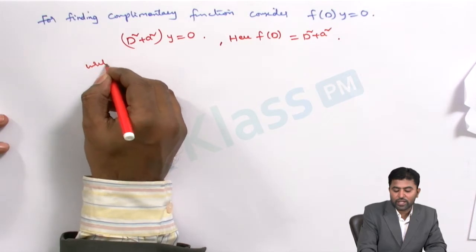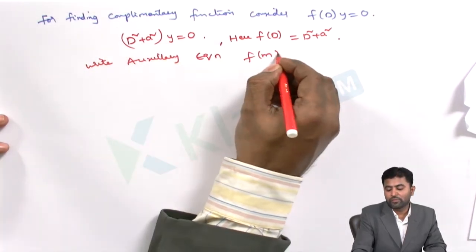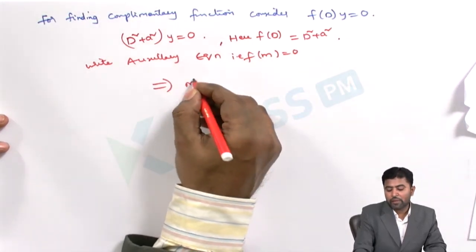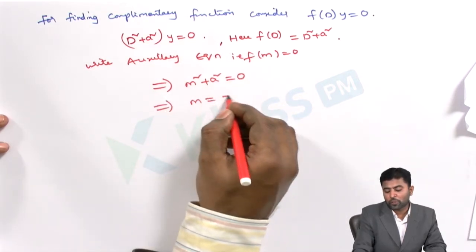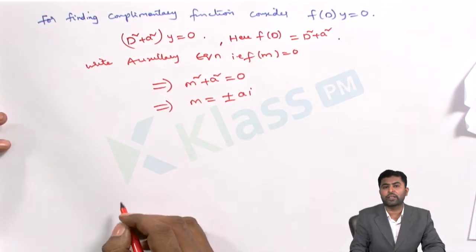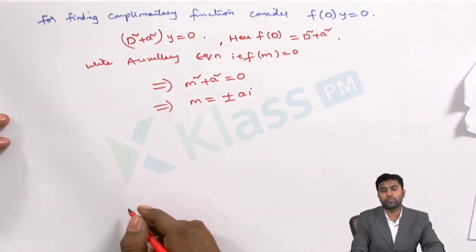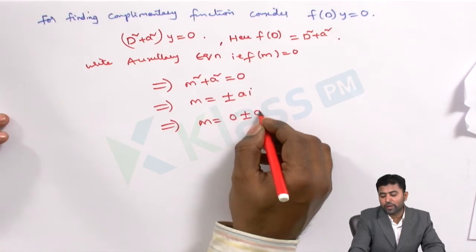Now write the auxiliary equation. Applying the same technique, f of m is equal to 0. Then this implies m square plus a square is equal to 0, or m is equal to plus or minus ai. Again, the roots are complex of the form alpha plus or minus i beta. So I'll write this as m is equal to 0 plus or minus ai.